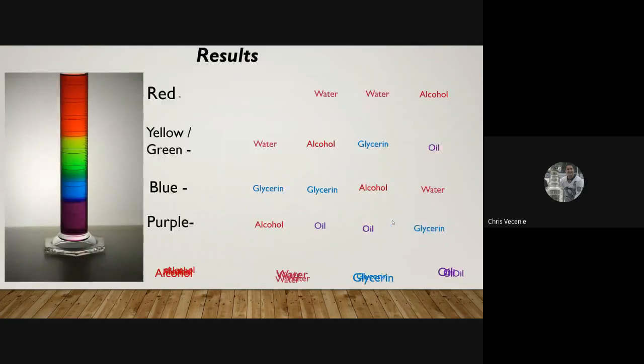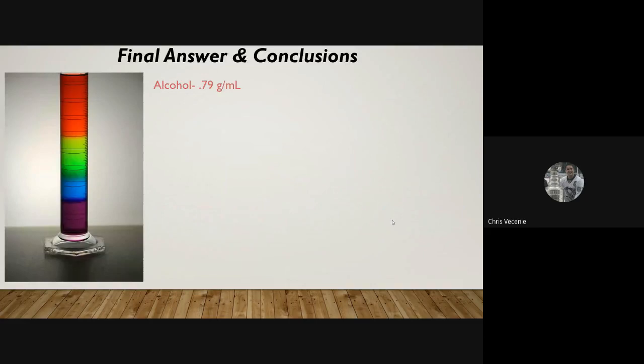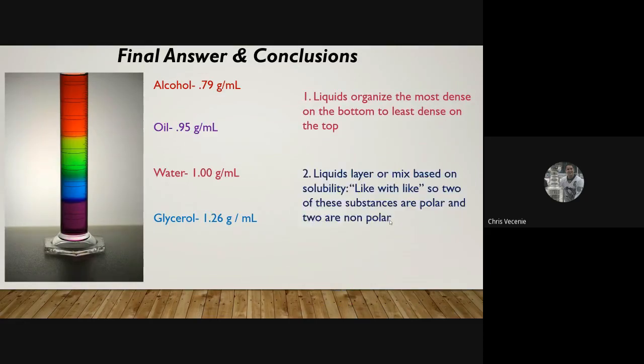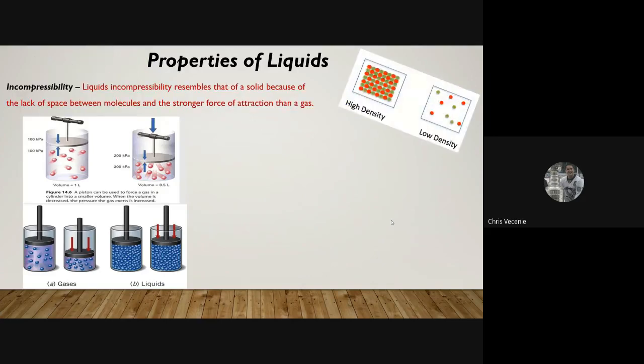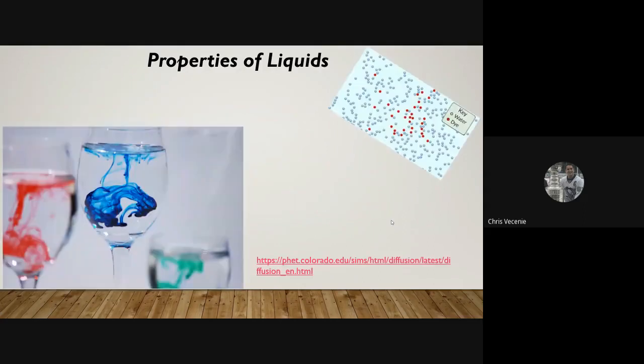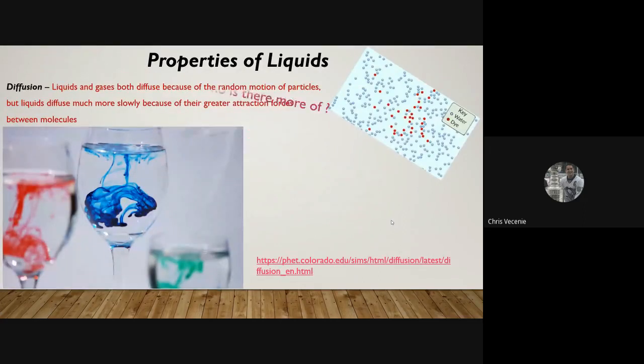So we just talked about that. We looked at layering and why the liquids layered the way they did. And we said that had to do with attraction and the idea of polar and non-polar, and they can't be layered right next to each other if you're both polar. And then we talked about incompressibility. And we talked about diffusion.